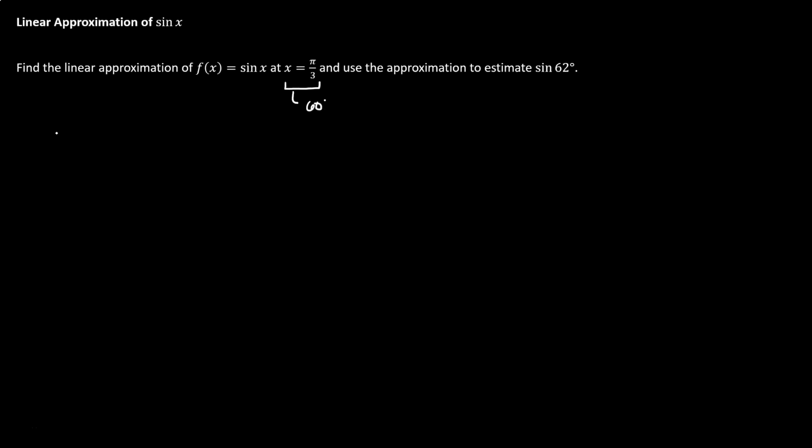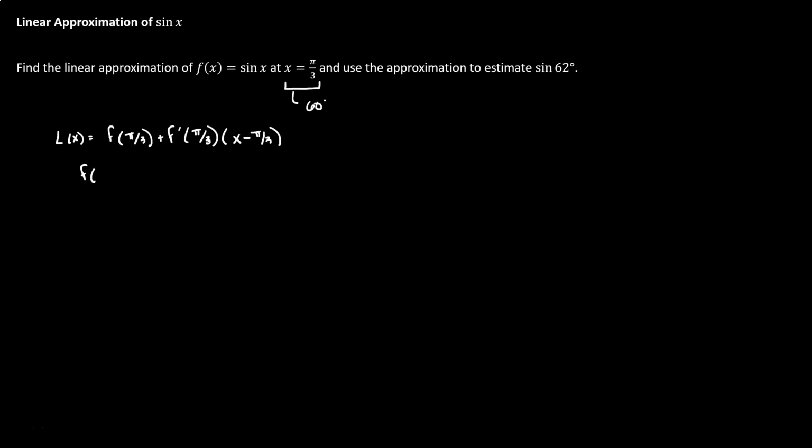So we're going to create our L of x function using the known value of f at pi over 3 plus the derivative of f at pi over 3, and then we're going to multiply that by x minus pi over 3, just like we did in the last case. So we need to calculate a few things.